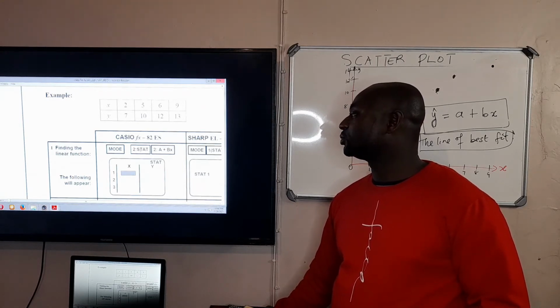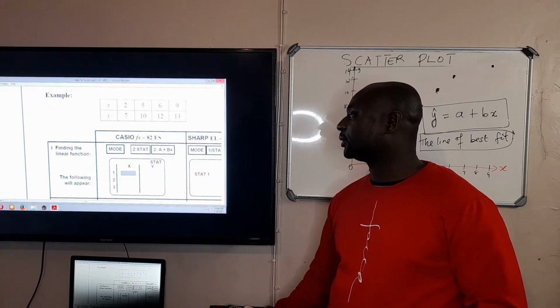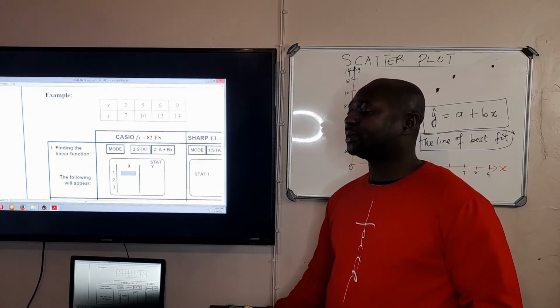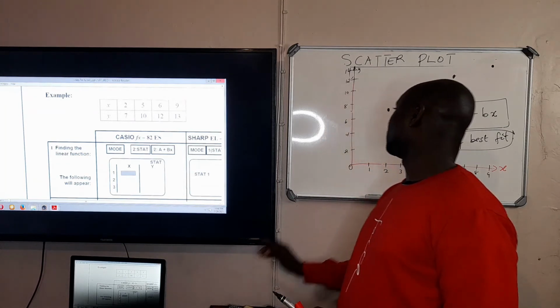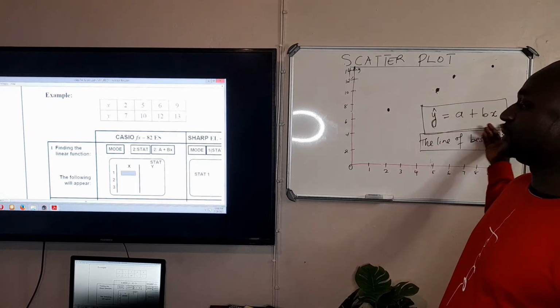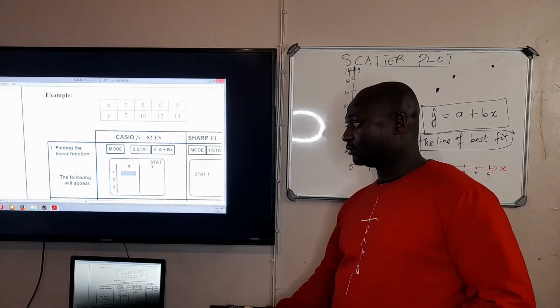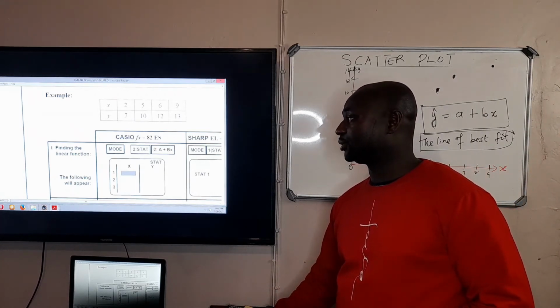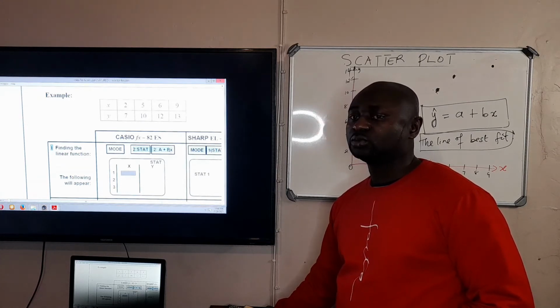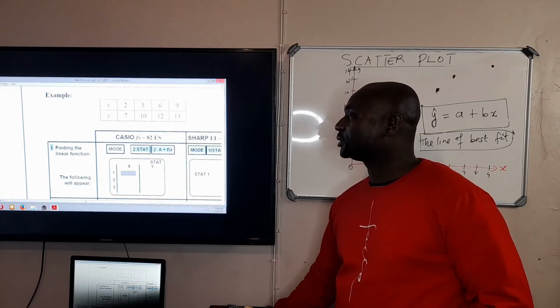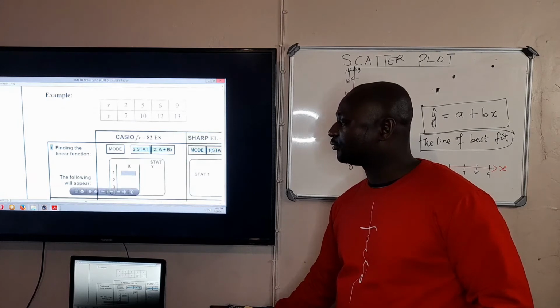Now when you choose stats on the calculator, then it will open a lot of things for you. What you have to choose is another option number 2 again, which is talking about the formula a plus bx, and it is there right in front of you in the formula page. So you go to mode, option number 2, another option number 2, and then you choose this. Then it will open this table for you.